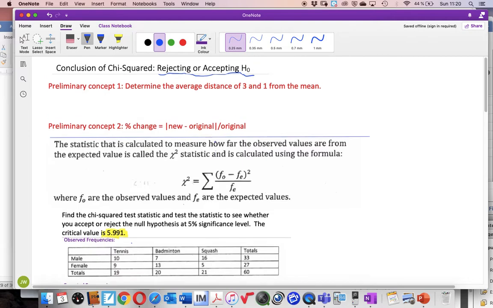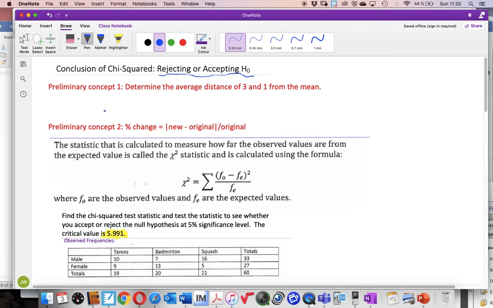Okay, before that, just a quick little concept. Remember, in this example, determine the average distance of 3 and 1 from the mean. The mean here is 2, right? And you can clearly see that the average distance here would be 1.